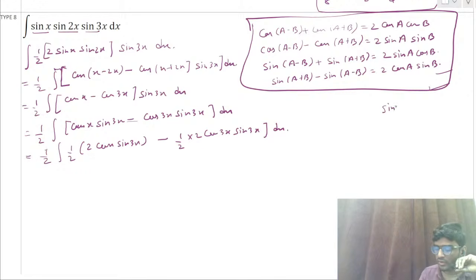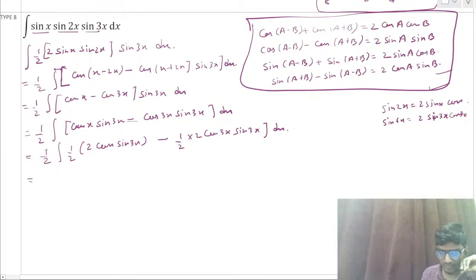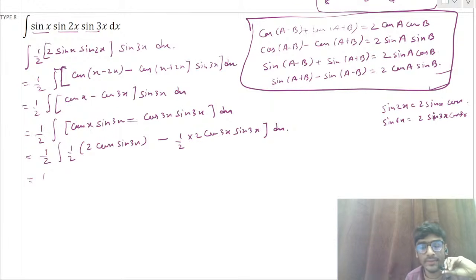We know there is another form: sin 2x is nothing but 2 sin x cos x. So when we replace x by 3x, we will get sin 6x as 2 sin 3x cos 3x.